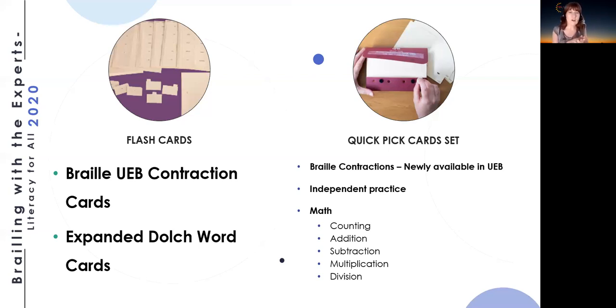They are flashcards. They read the flashcard, they come up with the answer, they put in the peg and pull it out, and if it pulls out easily, then they got the right answer. If it doesn't pull out, it means it was not the correct answer. So it's completely independent practice for them, and they get that immediate feedback.